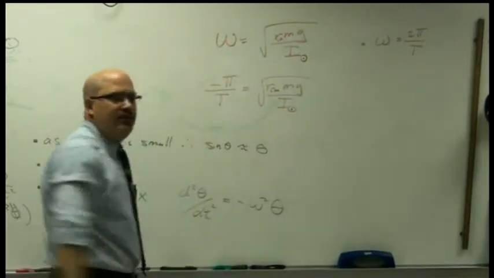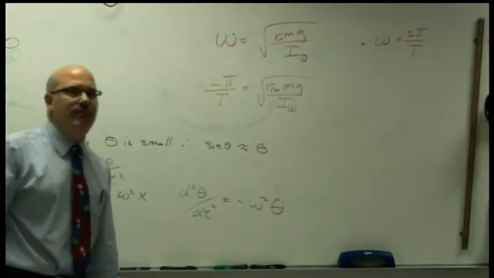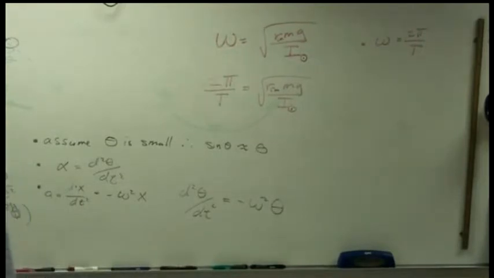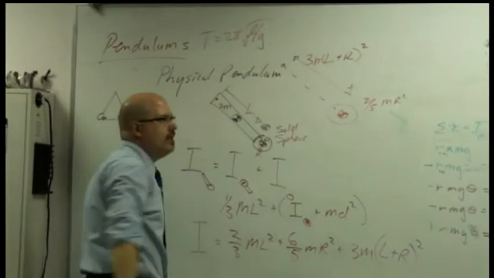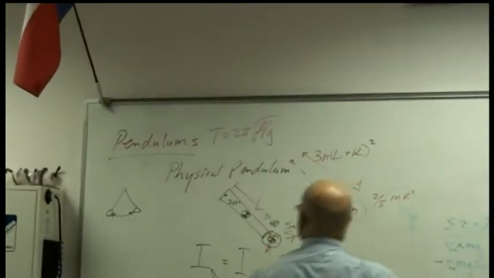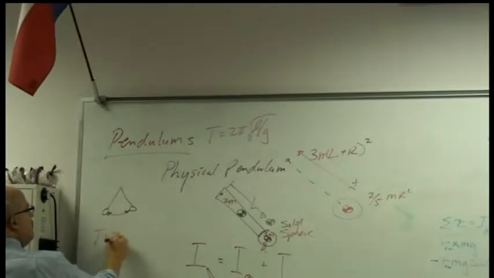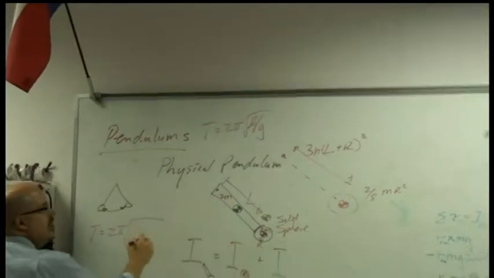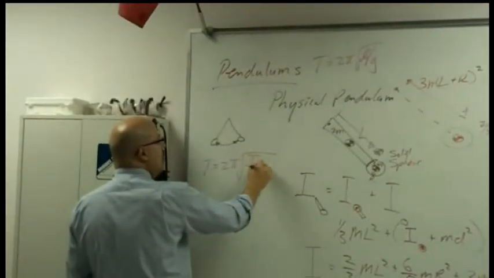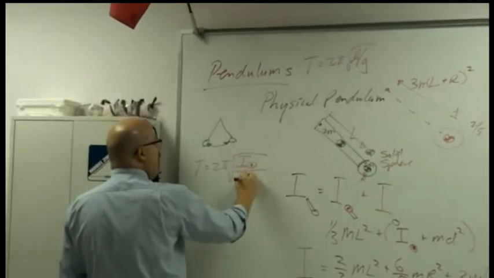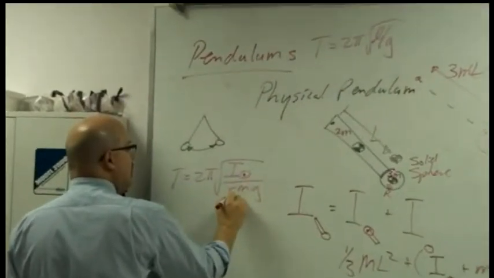Will you please solve that for T? Because we want to make this a time period equation just like the time period for a simple pendulum. For a simple pendulum, the time period is equal to 2 pi square root of L over g. So T equals 2 pi square root of I over R mg, and that's the R to the center of mass.